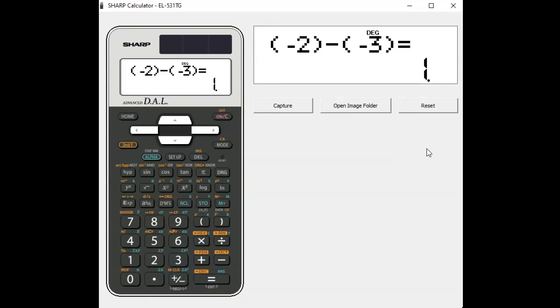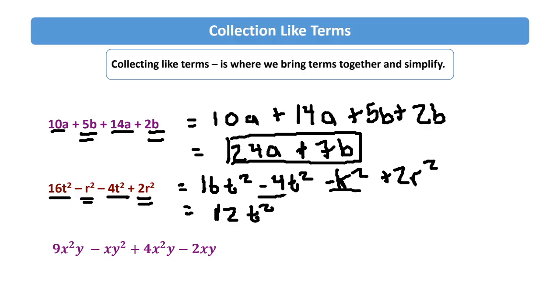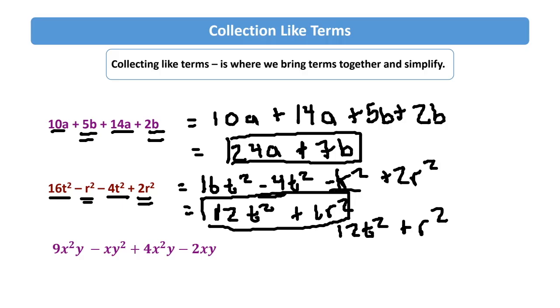Anyways, we got a 1. That was just a sort of sidebar there. So we got a plus 1r squared. If you write that 1 there, that's fine, but we could have just put 12t squared plus r squared if we wanted. But there's nothing wrong with this answer, the 1 in front. Especially if you're new to this, it can be a little bit confusing.